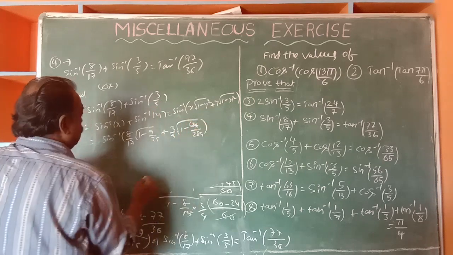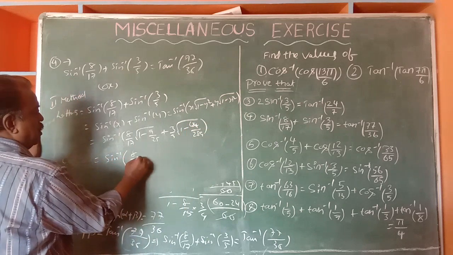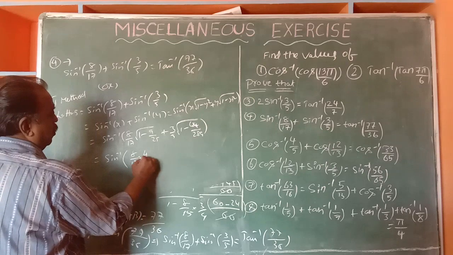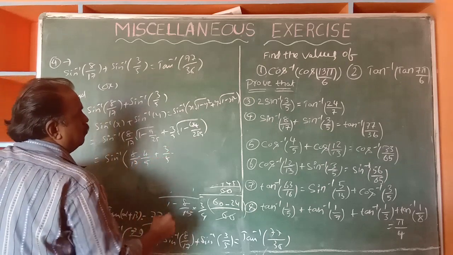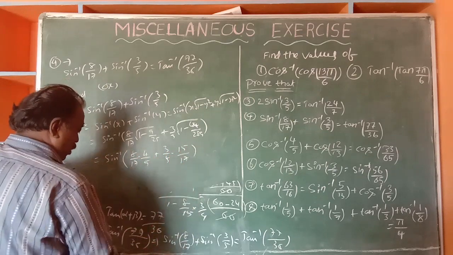Okay now, it is sine inverse 8 by 17 into 4 by 5, plus 3 by 5 into 15 by 17.